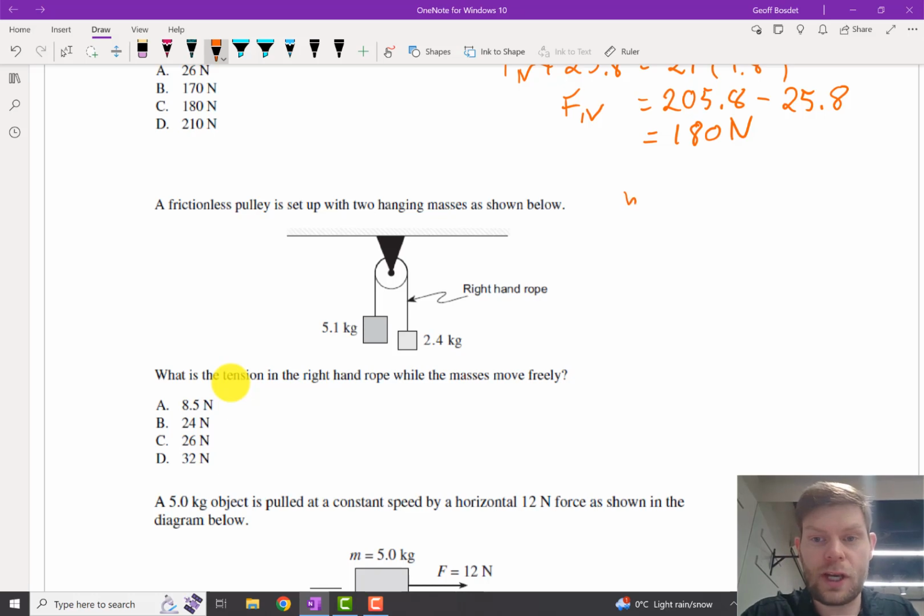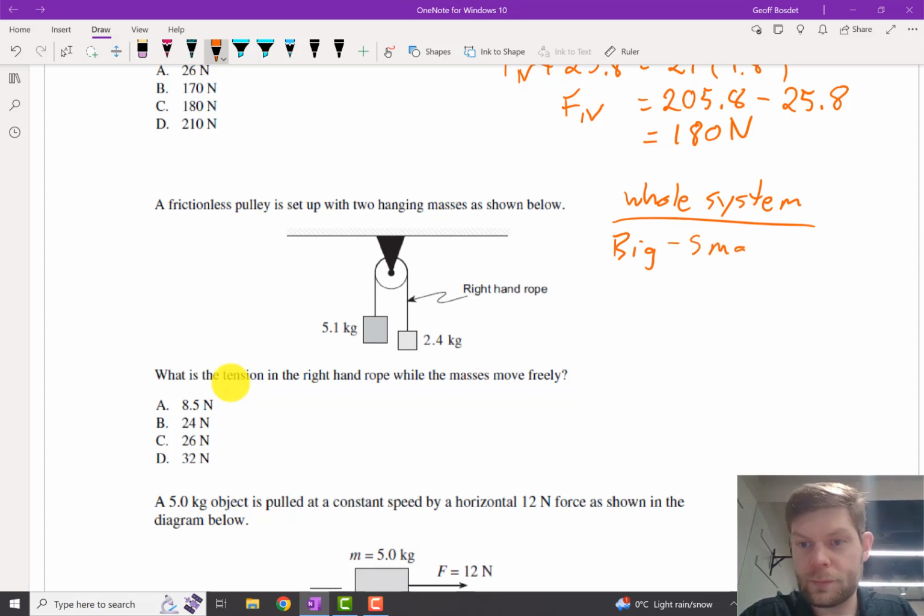So first step, using the whole system, we will find acceleration. So big minus small equals ma, because we got forces fighting and one of them winning. Big force moving the system is 5.1 times 9.8, gravity on the big mass.